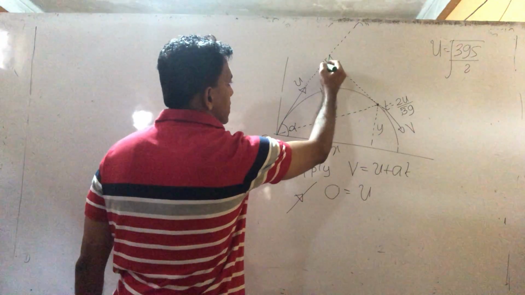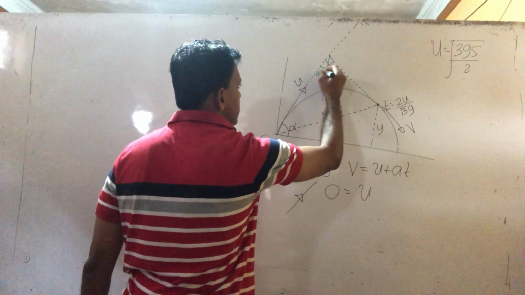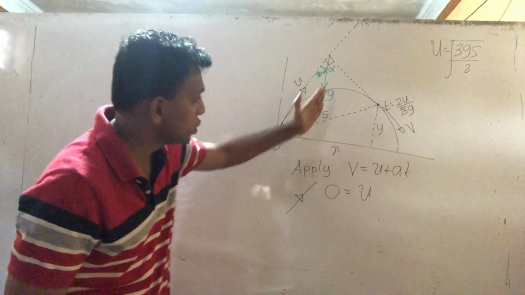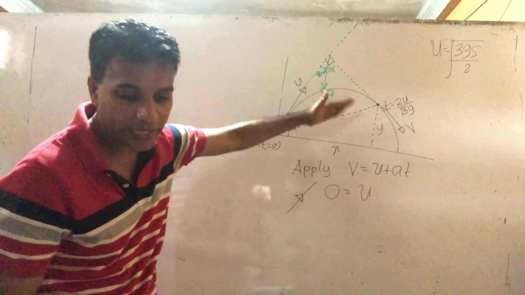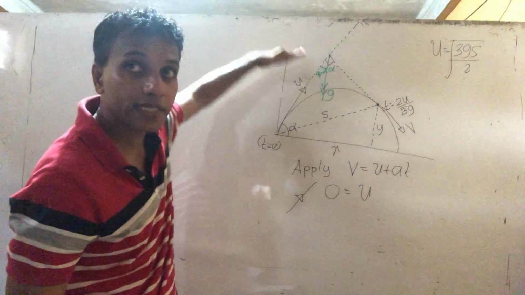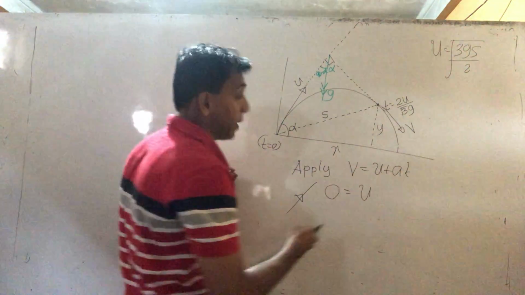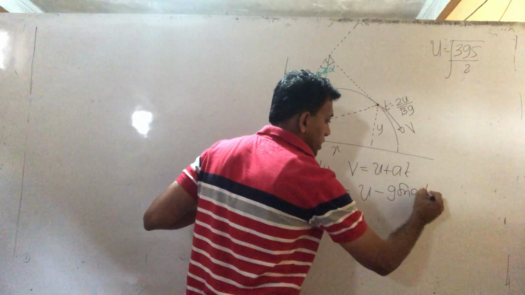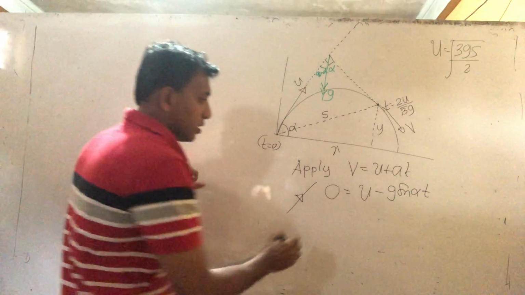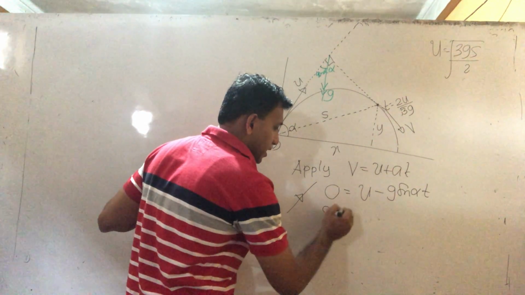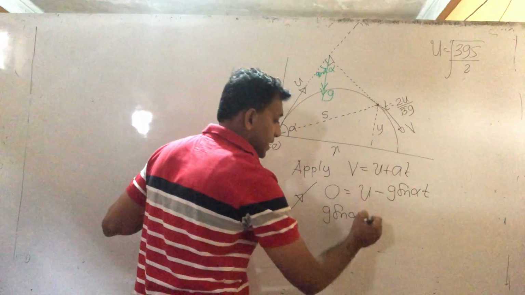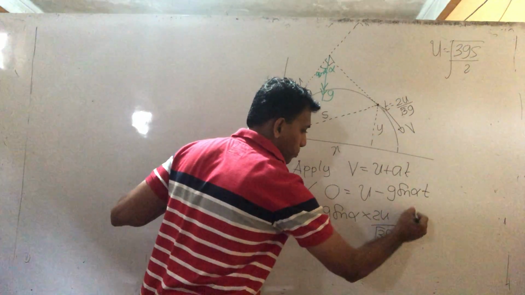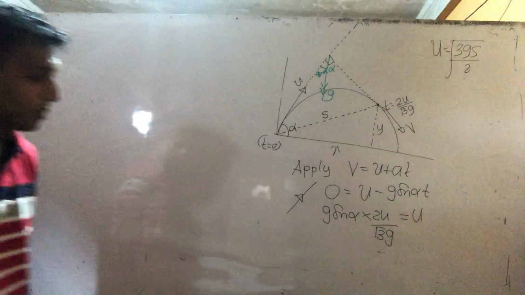Alpha here, 90 minus alpha here, and here also alpha, right? Therefore the g component is g cos(90 minus alpha), which is g sin alpha, minus because it is downwards. So minus g sin alpha into t. You know the t answer, right? Therefore g sin alpha, and t is 2u over square root 3g. So you can find alpha here, it's simple now.